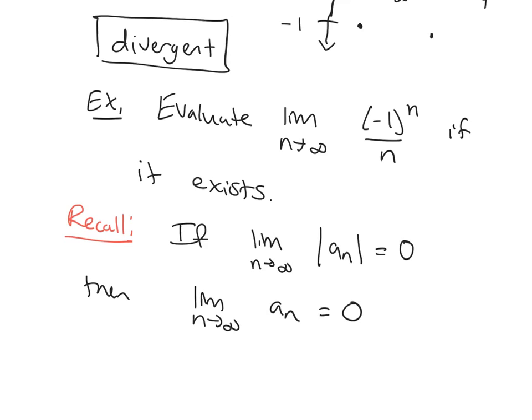So look at the one I was given in this problem, all right? If you plug n equals 1 in, what are you going to get? Is it positive or negative? It's going to be negative, right? And when I plug in n equals 2, it'll be positive, negative, positive.